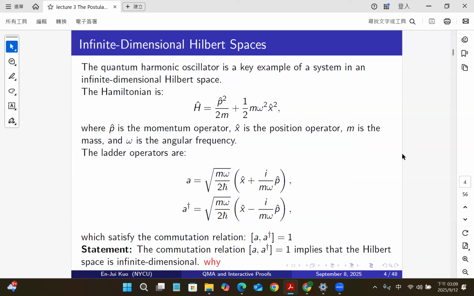And you know that in quantum mechanics, the first axiom, or at least what the textbook tells you, is that you just replace x and p by operators.